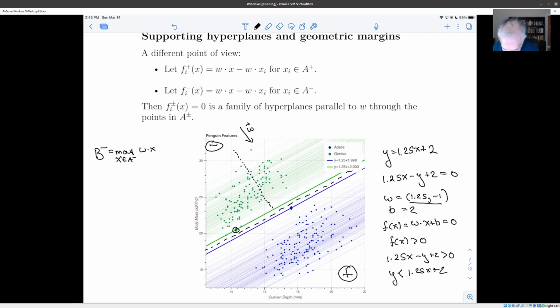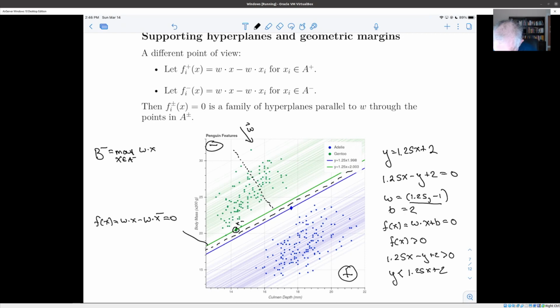And if you take the line which is of the form w dot x plus b, but which passes through this point, then this green line right here is f of x equals w dot x minus w dot x minus equals 0. This is the point I'm calling x minus. It's the extreme point in that direction. And I had worked this out.